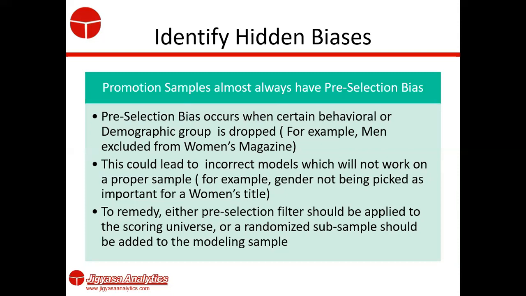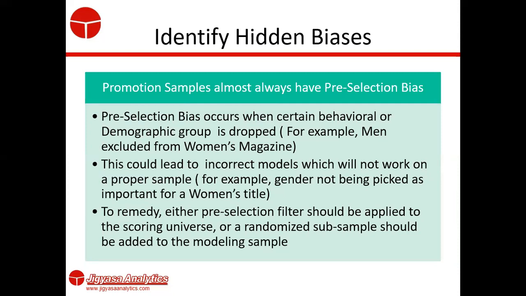So to remedy this, there are two things you can do. Either learn about the filters properly and what was applied, which might be possible if it's an internal situation. A lot of times you are doing list rentals where you're modeling for an external client, and then some of this information might be lost.